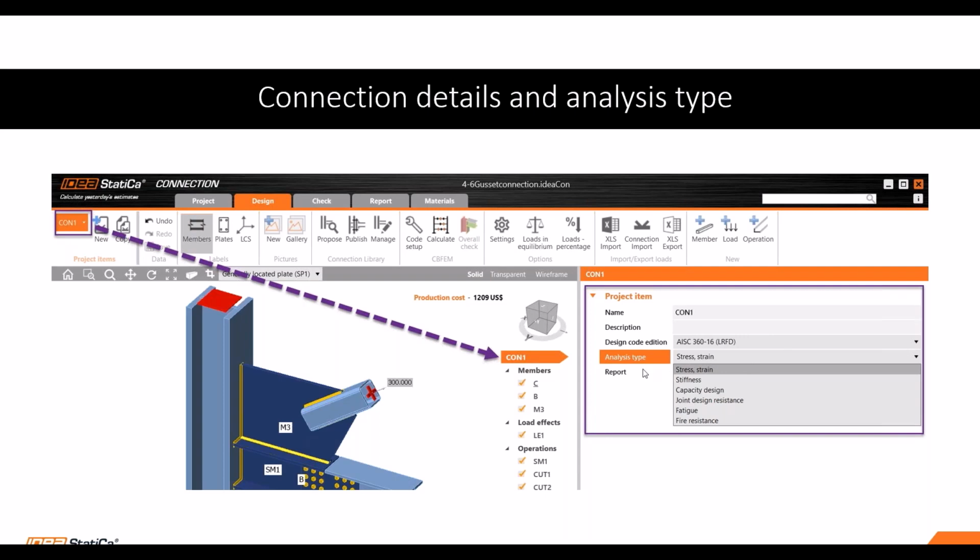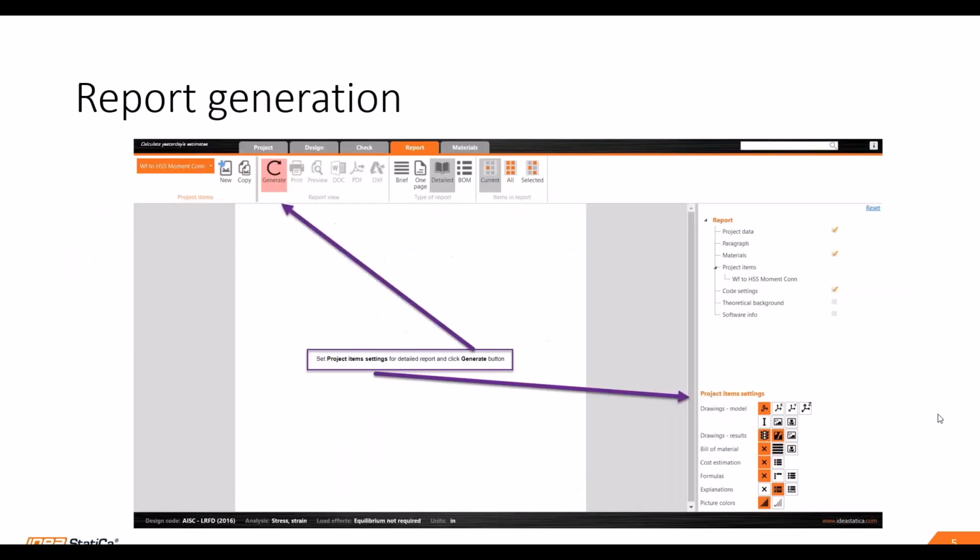And then you can add report screenshots or notes in this area as well. This is important because I have received some questions about where is that option to change the analysis type and also the design code edition. So just to remember, it's over here, all the details from that connection, right?